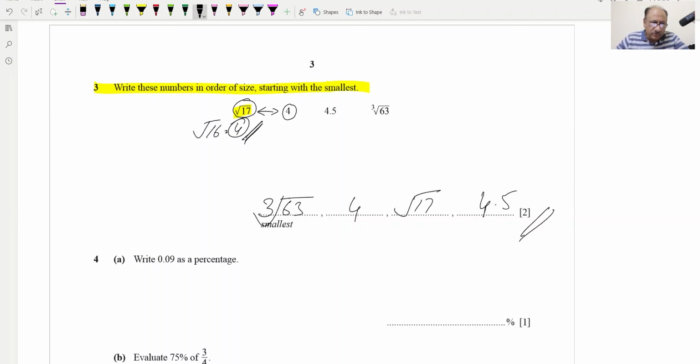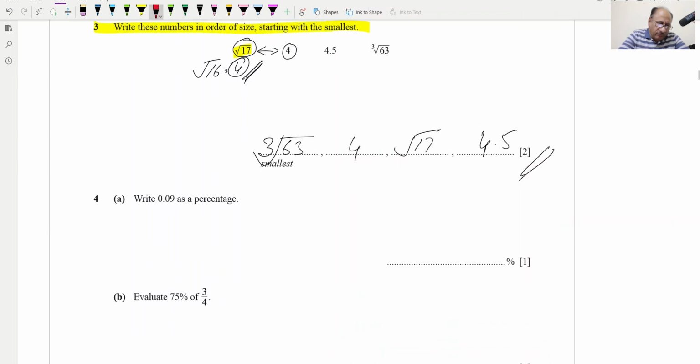Hopefully you understood this. Now question number 4, A part: write 0.09 as a percentage. We can remove this decimal. Under the decimal we put 1, and for each digit to the right we put 0.